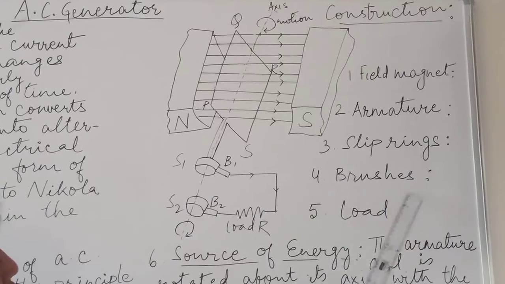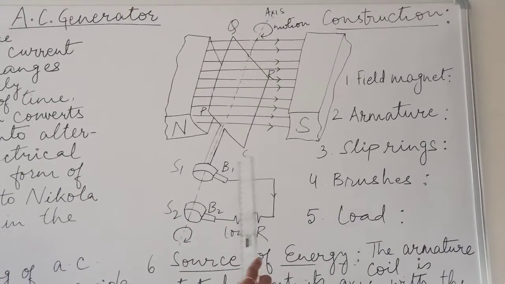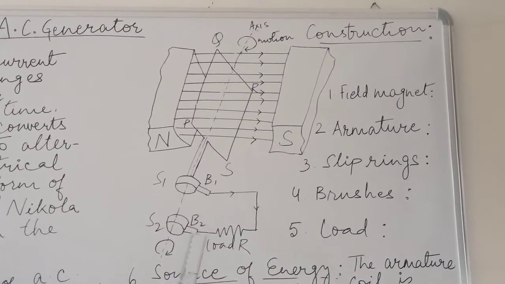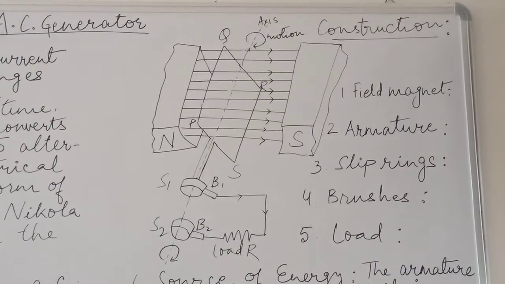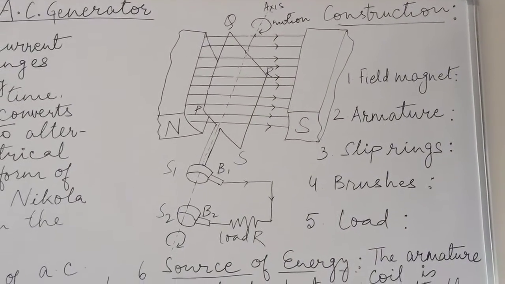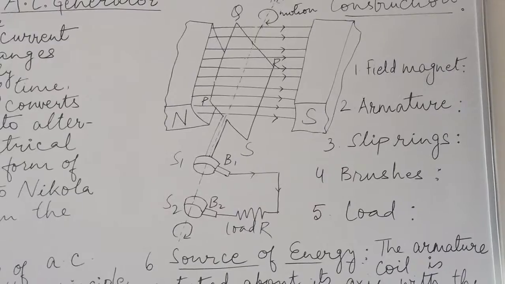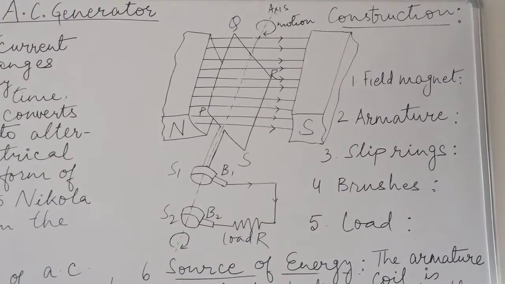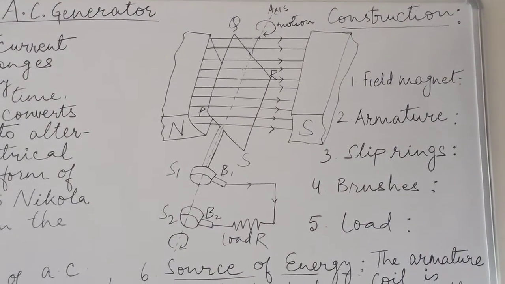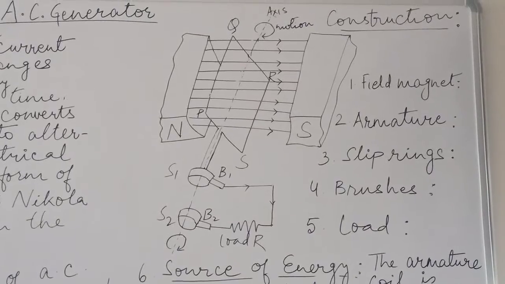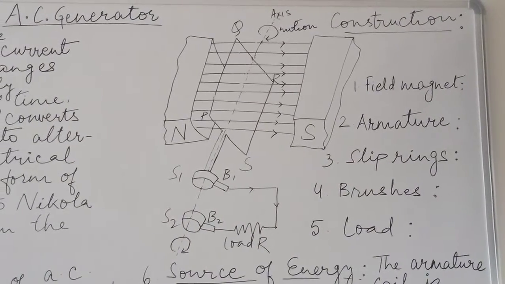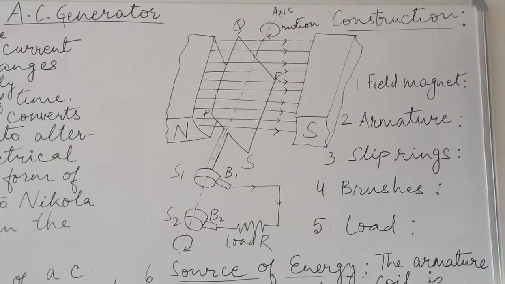Now, number 4 is brushes. B1 and B2 are brushes. Two graphite or flexible metallic rods called brushes are lightly pressed against the two slip rings.